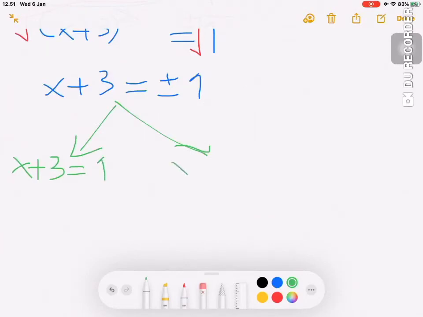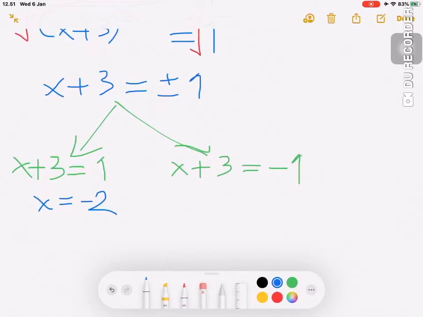I'll divide this into two cases. I will write both arrows like here: it can be either x plus 3 equals positive 1 or x plus 3 equals negative 1.